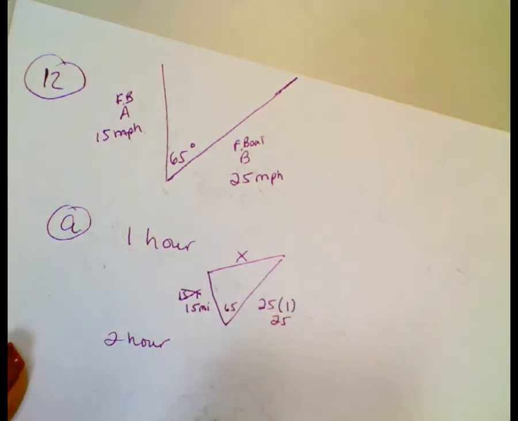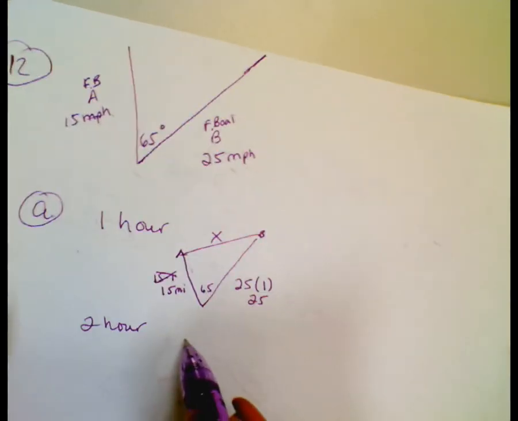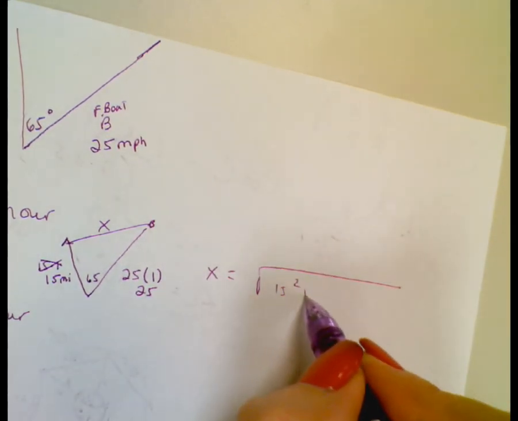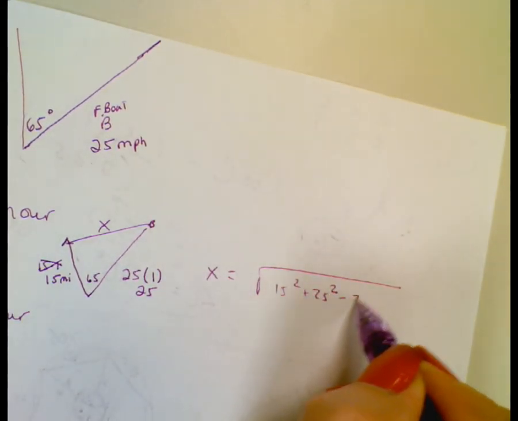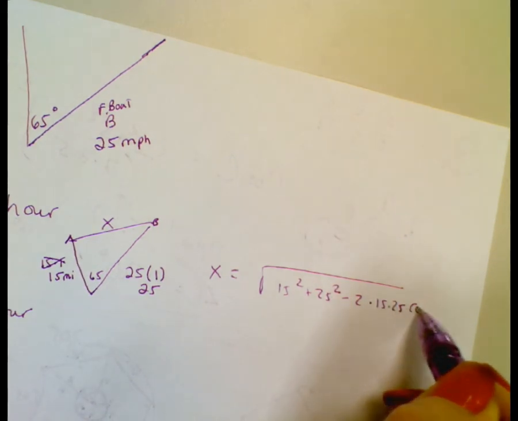So that's right here. This is boat A, and this is boat B. How far apart are they? So it would be x equals 15 squared plus 25 squared minus 2 times 15 times 25 times cosine of 65.